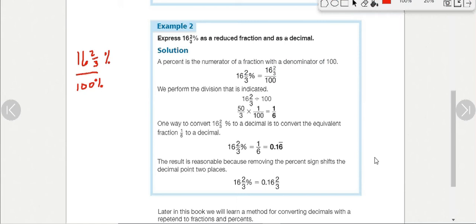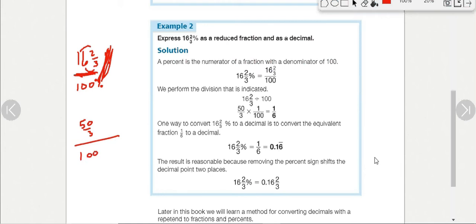So we get rid of the percents. We divide 16 2/3 by 100. To divide, we need to turn it into a fraction, and that's 16 times 3 is 48, plus 2 is 50 over 3, and that's all being divided by 100, right?